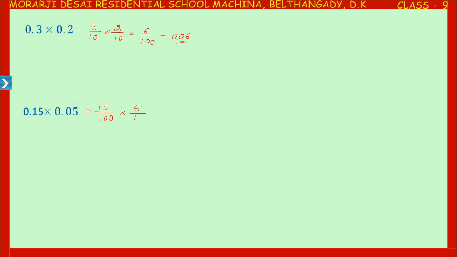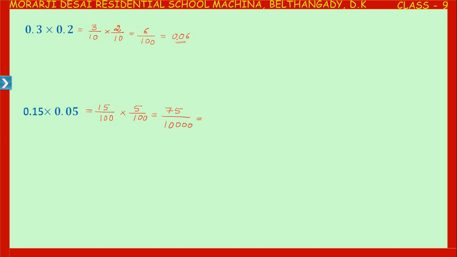So 5 by 100. Now multiply. While multiplying fractions, numerator into numerator, denominator into denominator. 15 fives are 75 by 100 into 100. 1, after that, how many zeros? 1, 2, 3, 4. 4 zeros you have to write.